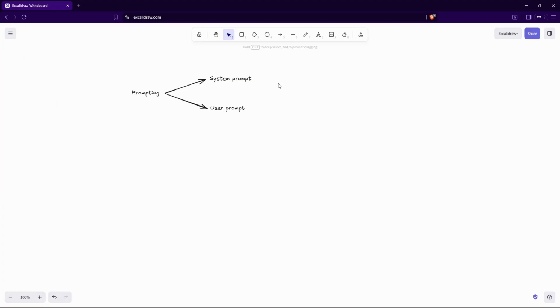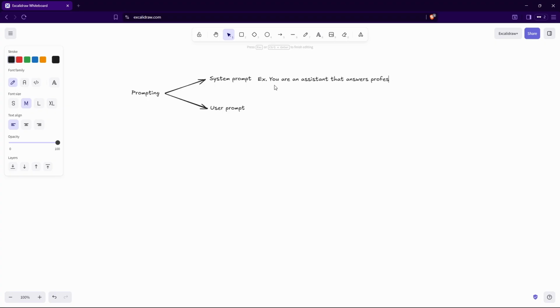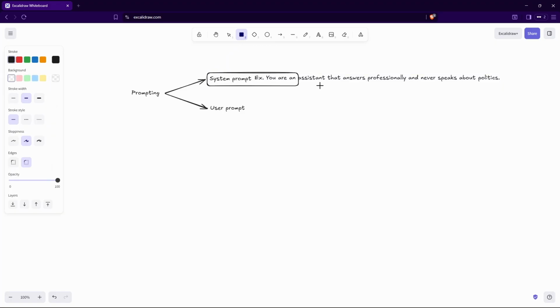As an example, you can say, hey, you are an assistant that answers professionally and never speaks about politics. So anytime that you interact with the LLM, this is the rule of the game.